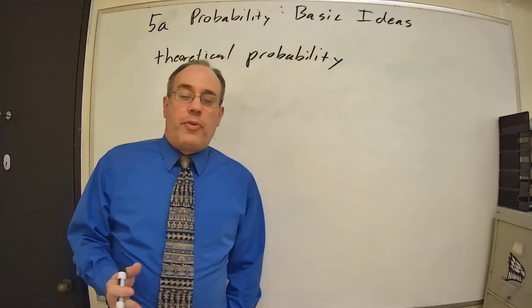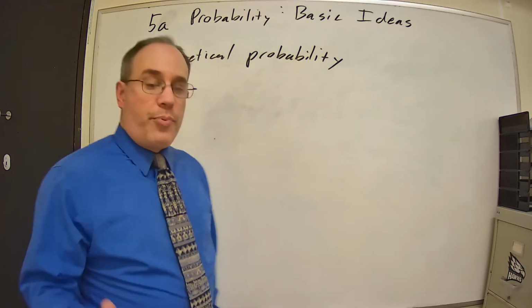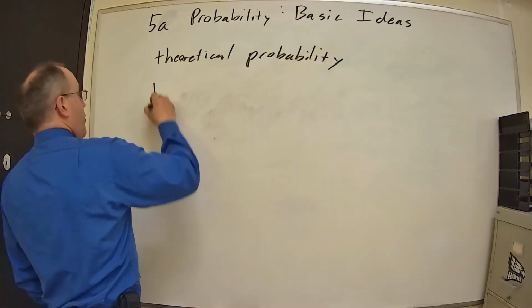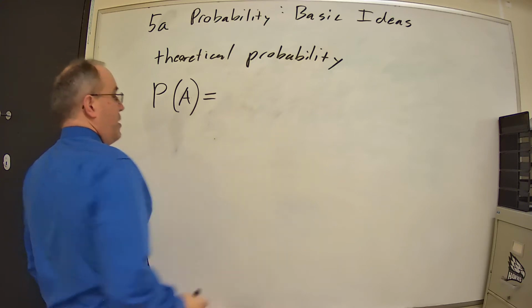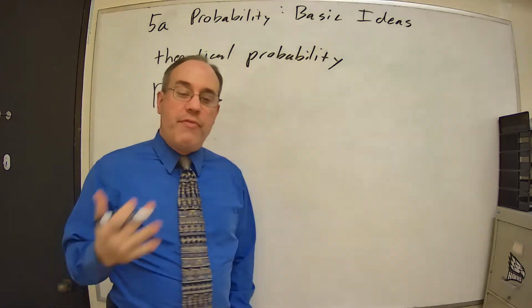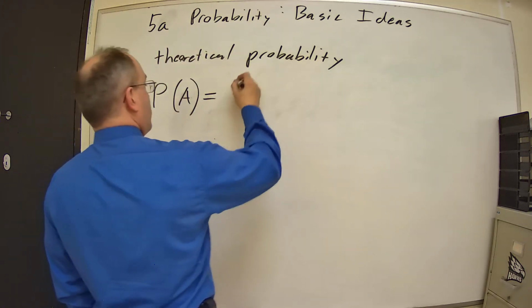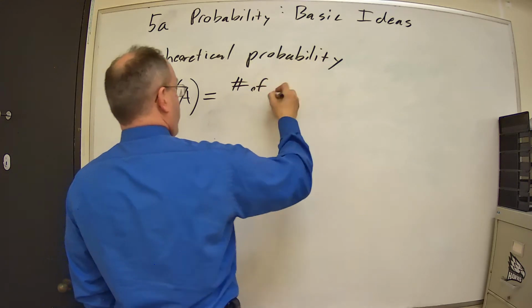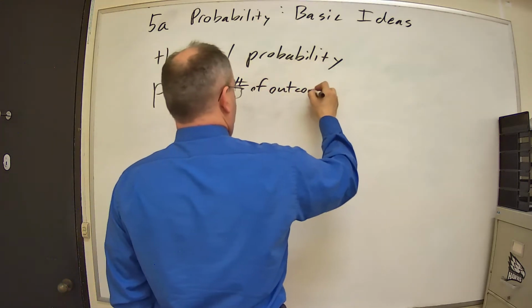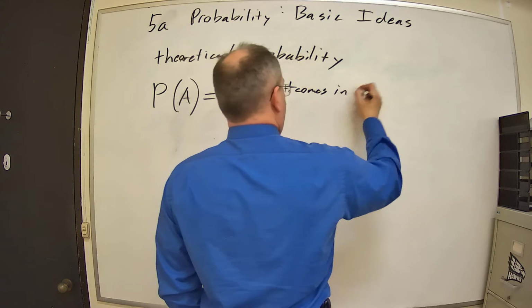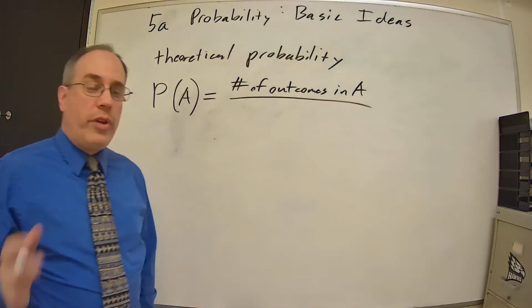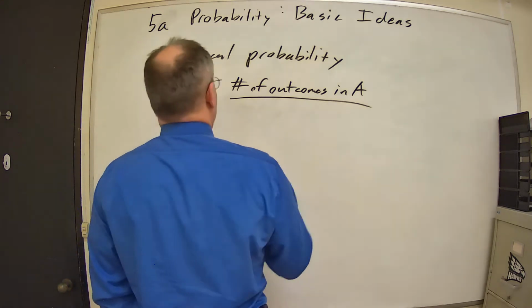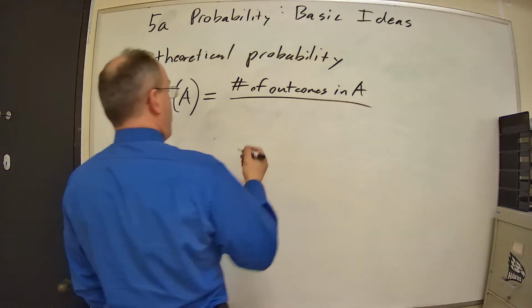So classical or theoretical probability is simply the probability that event A occurs is equal to the number of outcomes in A over the total number of possible outcomes, or the number of outcomes in the sample space.